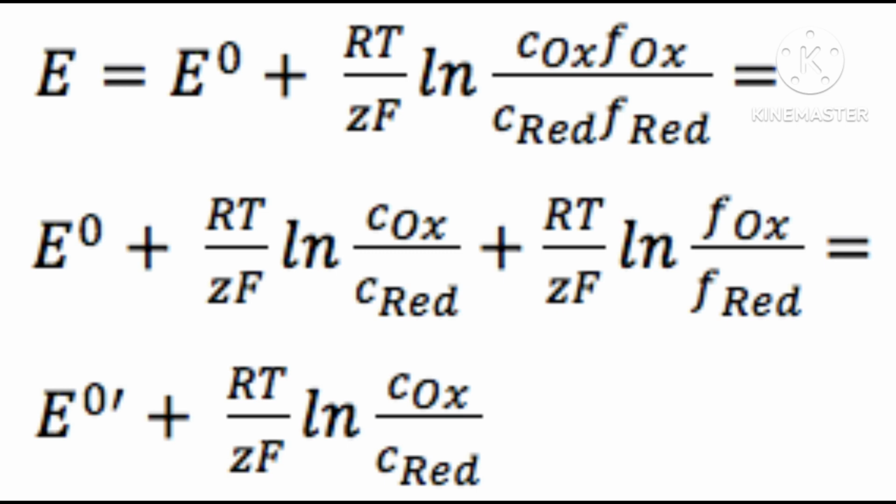Before the log 1 upon Zn2+ that will become plus. Correct? And E standard Zn2+|Zn will be minus only because the outside minus is there. Then minus E standard Zn2+|Zn as the first term, and the second term becomes plus 1 upon Zn2+.